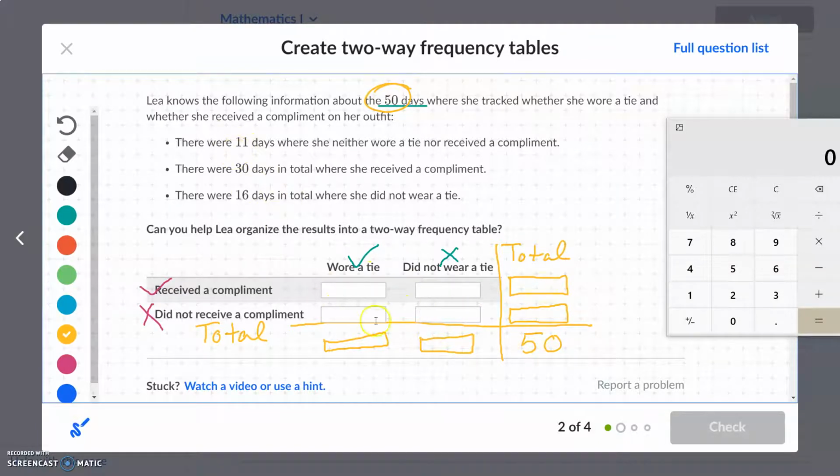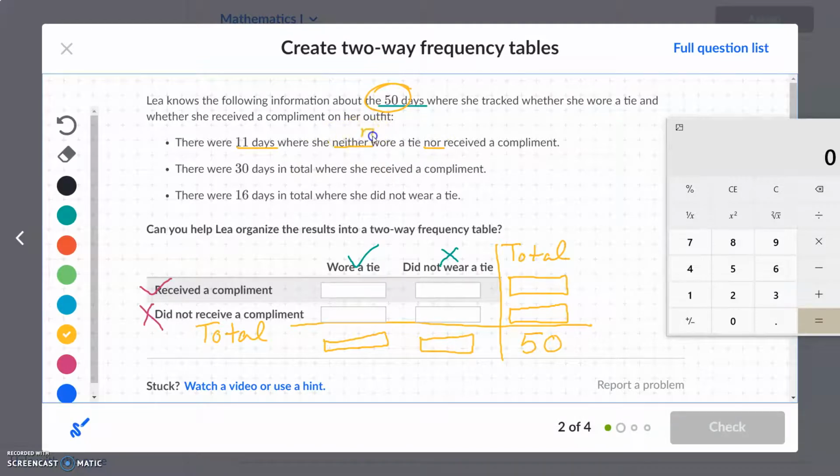Okay, so now we have to figure out how the rest of these numbers fit in, and then we might have to do some addition and subtraction to figure out what's missing. So let's start with this one here. There were 11 days where she neither wore a tie nor received a compliment. Neither and nor. Do you remember what those words mean? That's against your no, right?